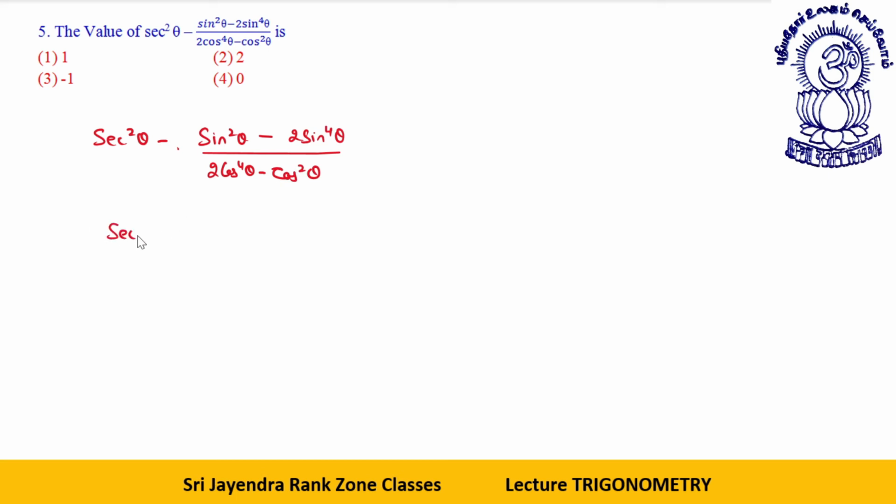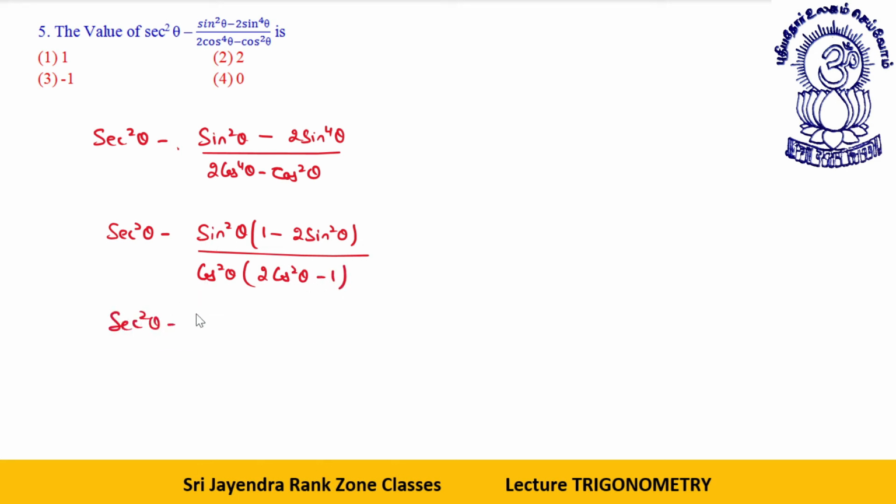So it will be sec square theta minus, if I take sine square theta, in the numerator it will be 1 minus 2 sine square theta. In the denominator I take cos square theta, it will be 2 cos square theta minus 1. This will be sec square theta, sine square by cos square is tan square theta.